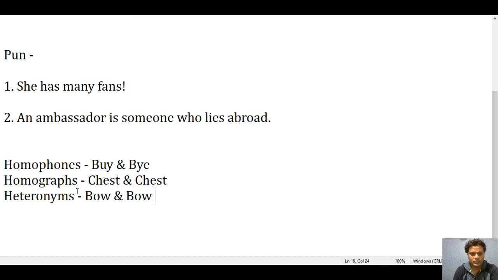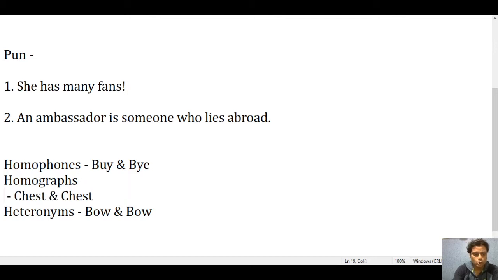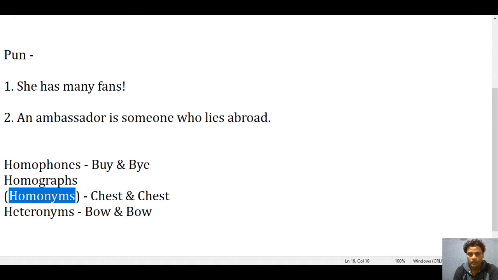By the way, there is another thing I want to share with you. Homographs, guys, they are also known as homonyms. Kindly make a note of that as well, guys. Homographs are also known as homonyms, something that is very important. Your textbook in the 9th standard, 10th standard, well, they will use the word homographs, but you should know that homonyms is also another term for homographs.